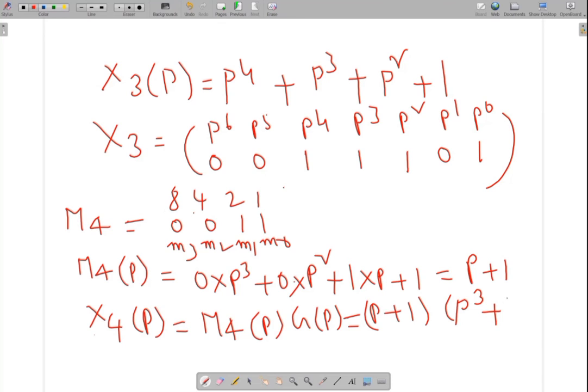P cube plus P plus 1. Therefore, multiplication P power 4, P square plus P, cube plus P plus 1. These are the similar terms.